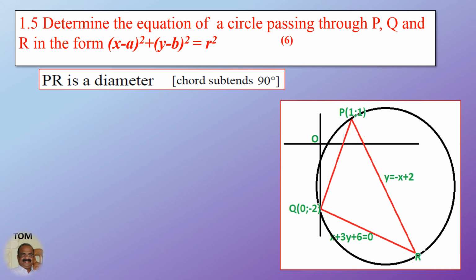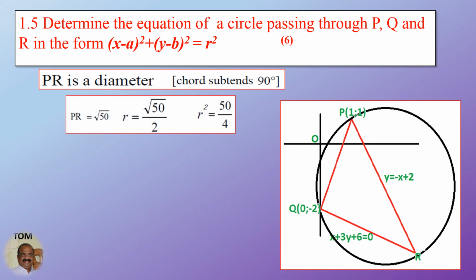Of course, PR is a diameter. Now PR is root of 50 from the previous question. Therefore, the radius is half of the diameter, which is root 50 over 2. R square is equal to 50 over 4.